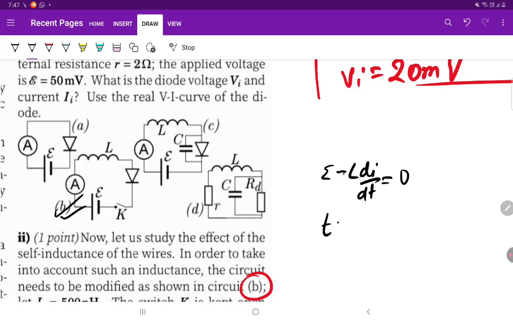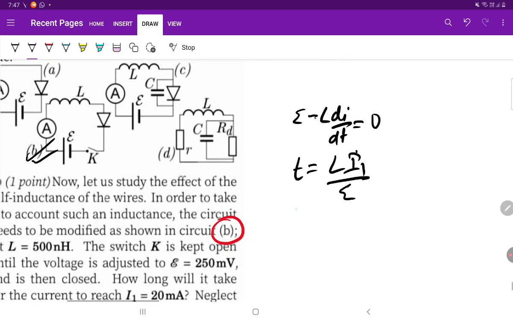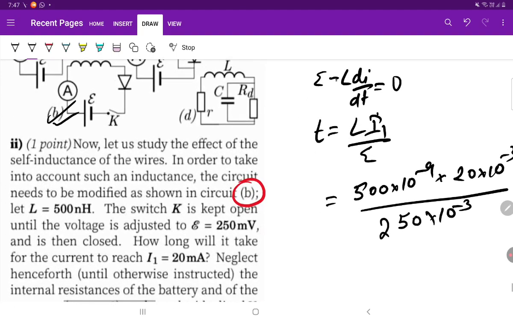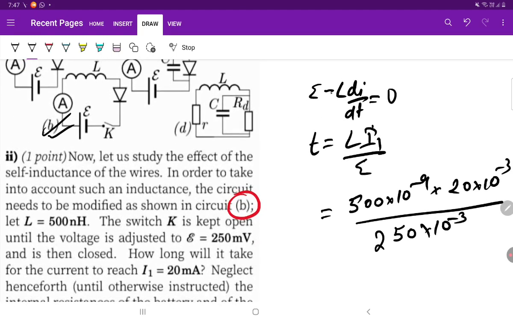So the resulting answer will be L I1 by E, which will come out to be 500 into 10 to the power minus 9 into I1, which is 220 times 10 to the power minus 3, by 250 into 10 to the power minus 3. Since at the first moment there cannot be finite current, then L di by dt will tend to infinite. So current at t equals 0 must be 0.